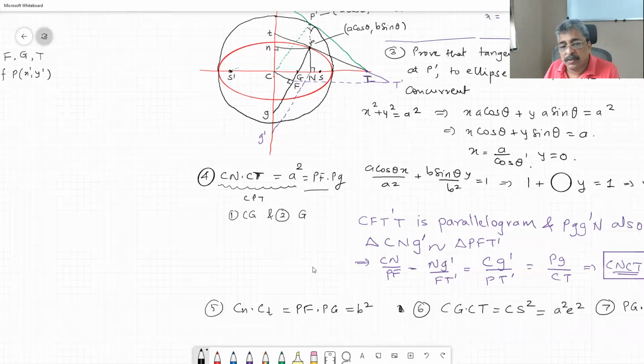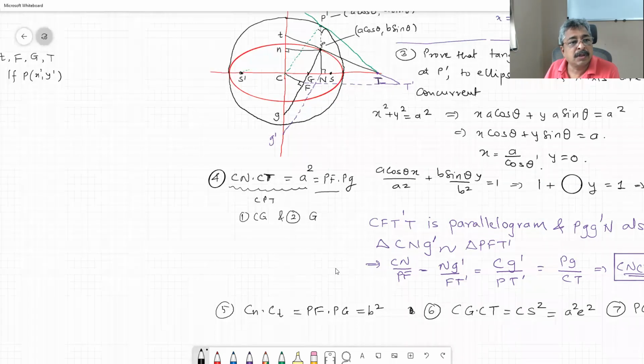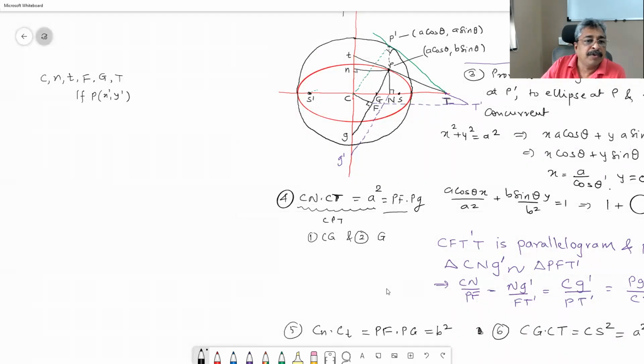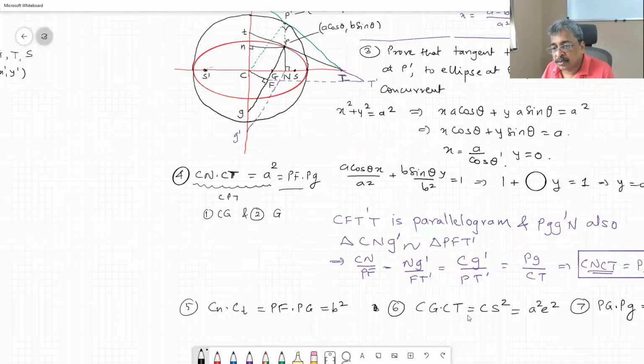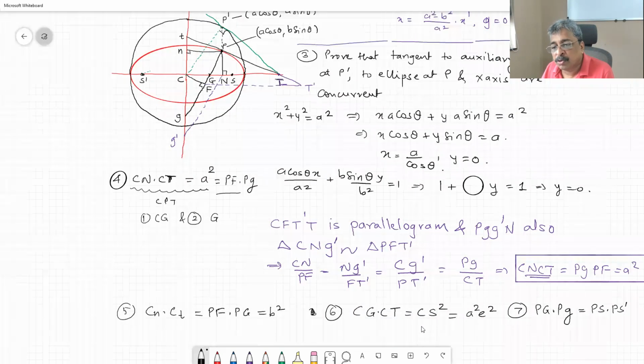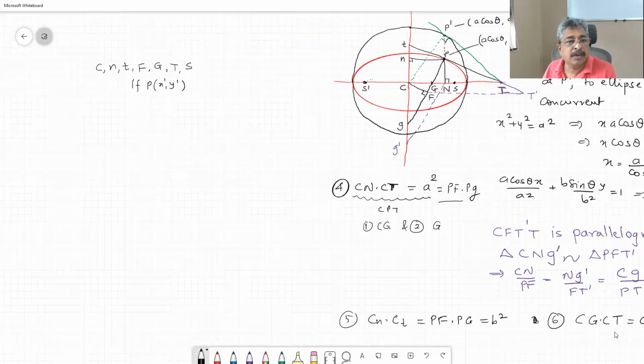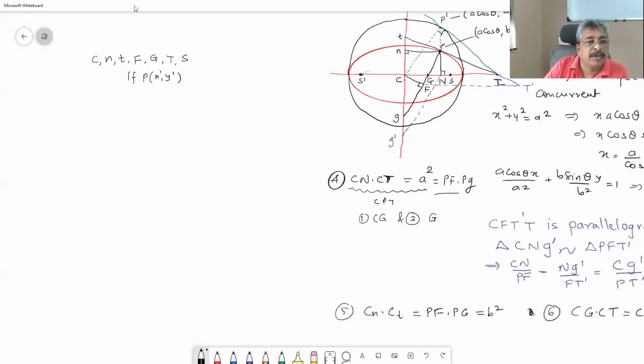Then S is already known to us, but we will write down what S is. CS square, then we require P, G, small g, SS dash. I think S dash we require, and small g we require.